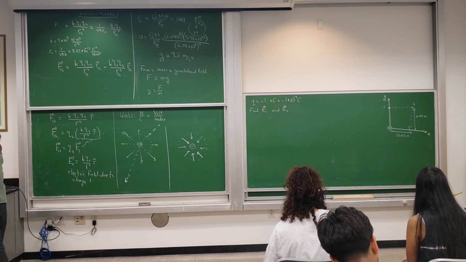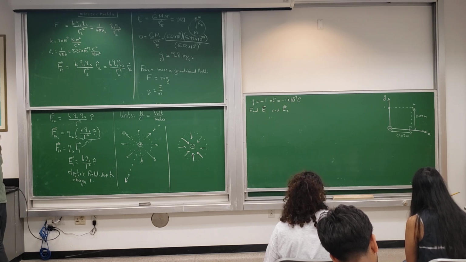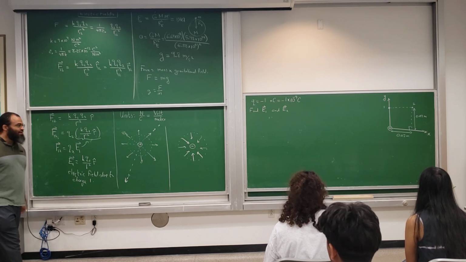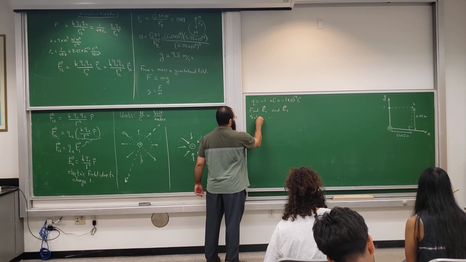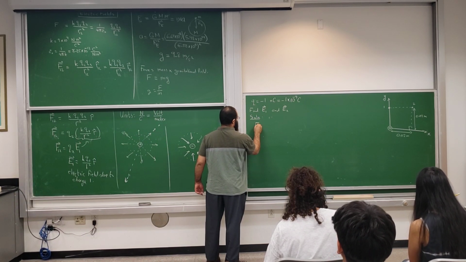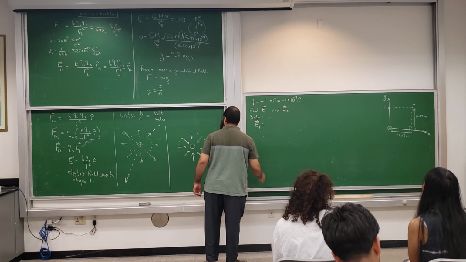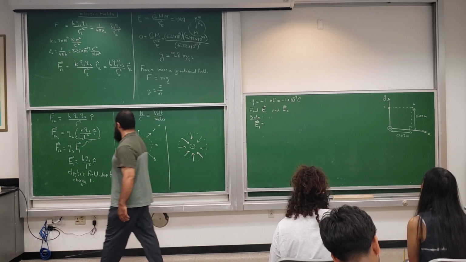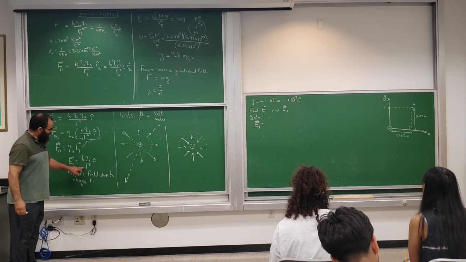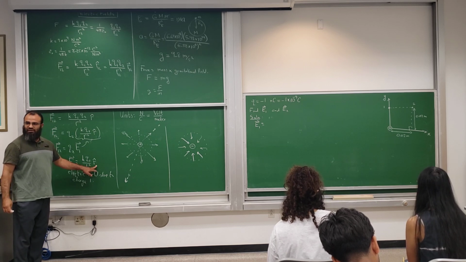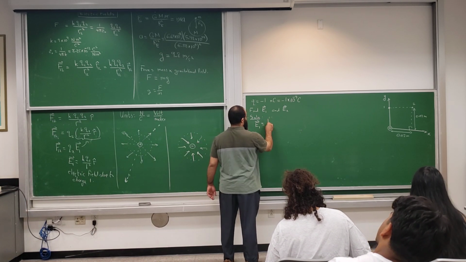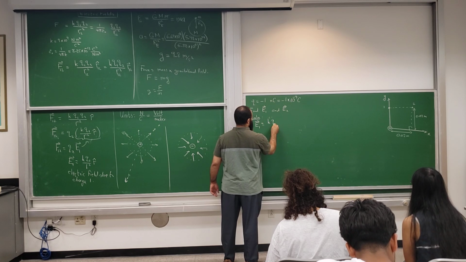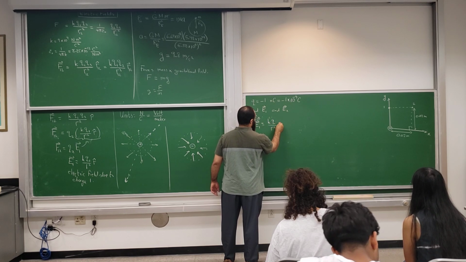So let's start with 1. Let's find E1. I think it's easier. E1 will be what? What's the definition of the electric field? KQ over R squared R hat, right? So I'll put here, K Q over R squared and then R hat.